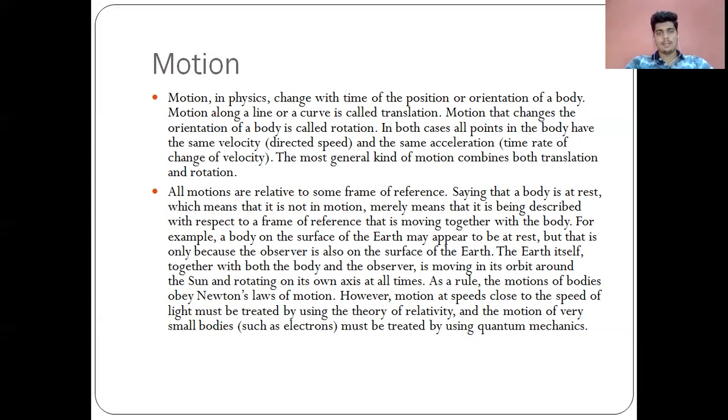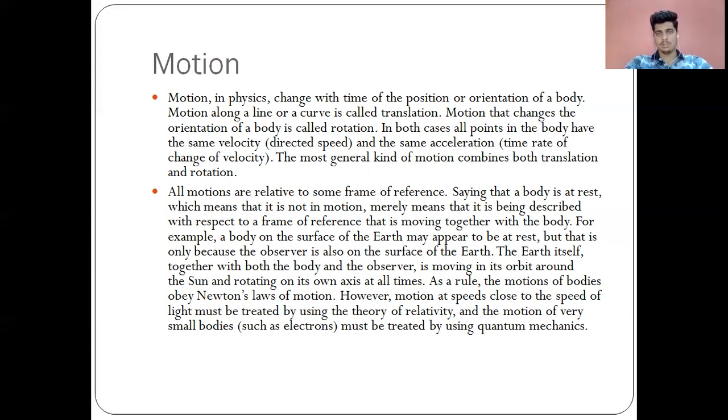The most general kind of motion combines both translation and rotation, which you may observe in your surroundings. Most motions usually involve both kinds, rotational and translational. Then, all motions are relative to some frame of reference, like when we observe something from a distance.